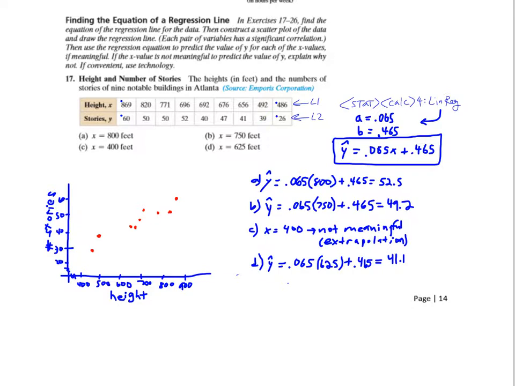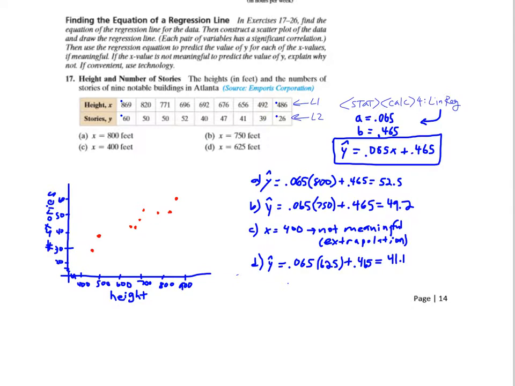And then after I made those lists, back to the stat button, the calculate menu, option 4 lin reg, run the prompts there, and out comes an A and a B for the line of best fit. So when you have to write the equation, that was the job, find the equation of the regression line, here it is. Y hat equals 0.065x plus 0.465.